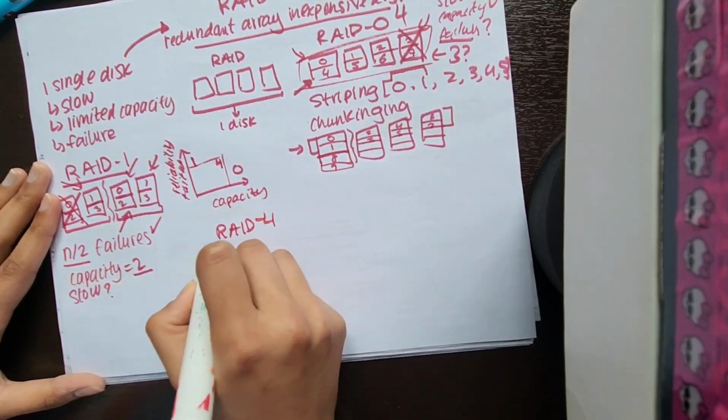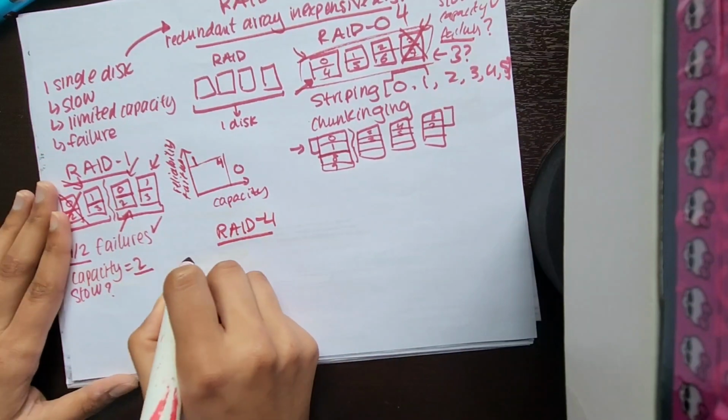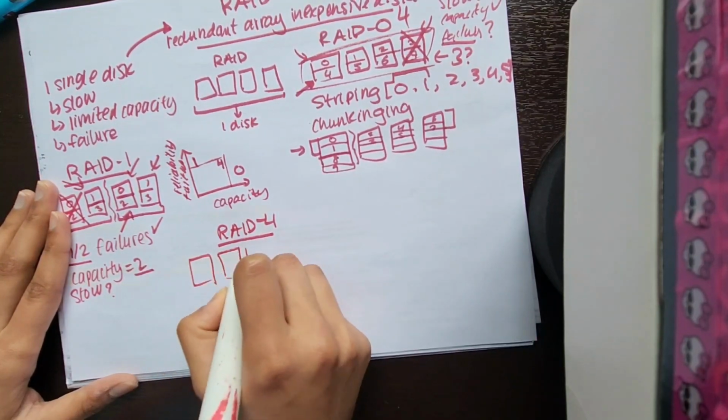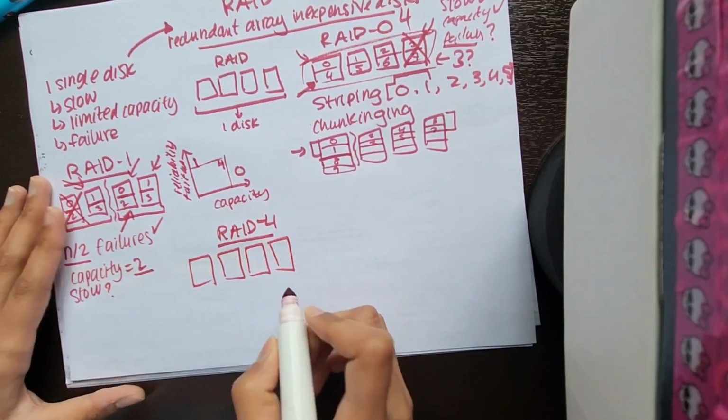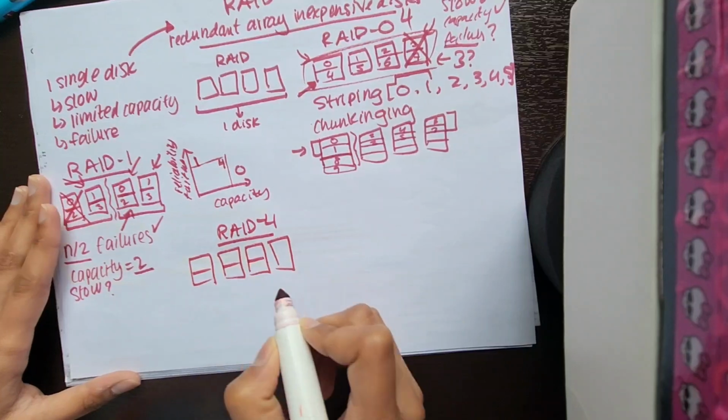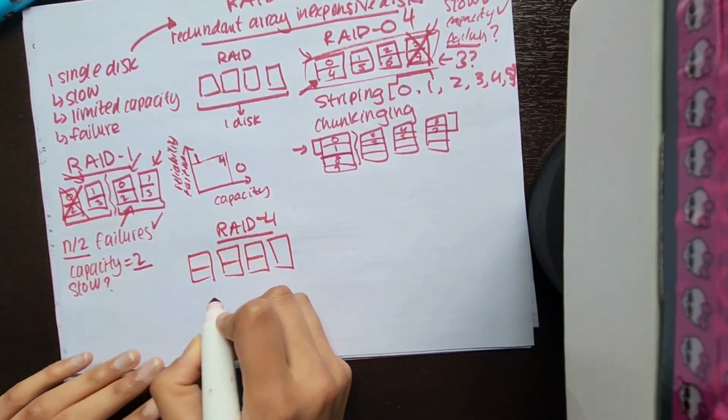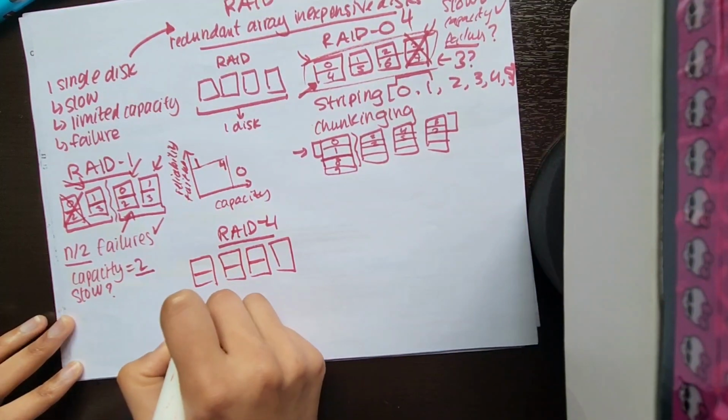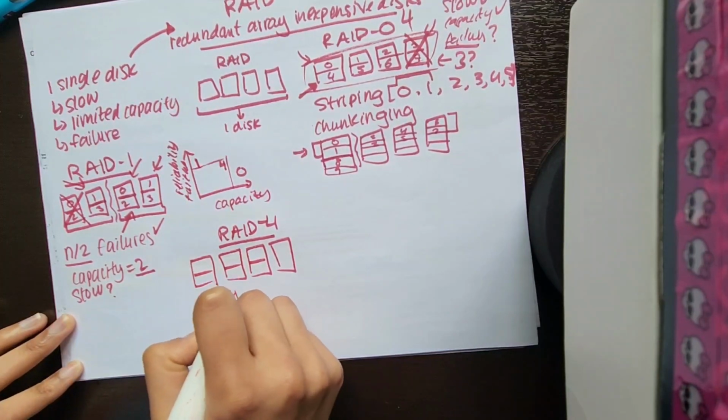So RAID 4, basically, you're gonna have, keep drawing our 4 disks, right? It's going to use something called a parity bit.